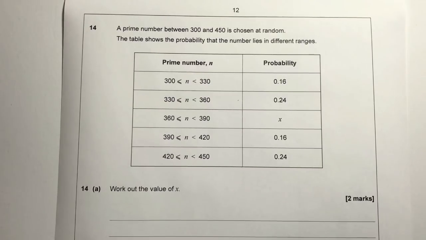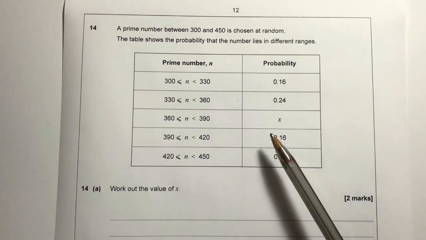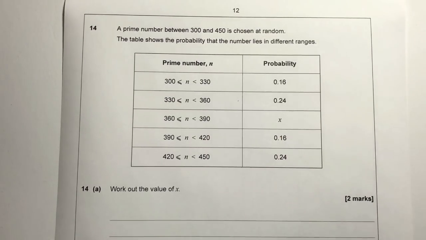It runs across actually 1 1/3 or 1 1/2 sheets on the actual exam, so we've just got to work through this one. Okay, so the first one is to work out the value of x. Well, as you're aware, the value of any group of probability is 1.